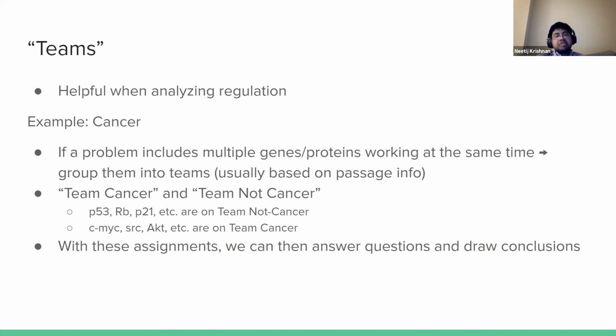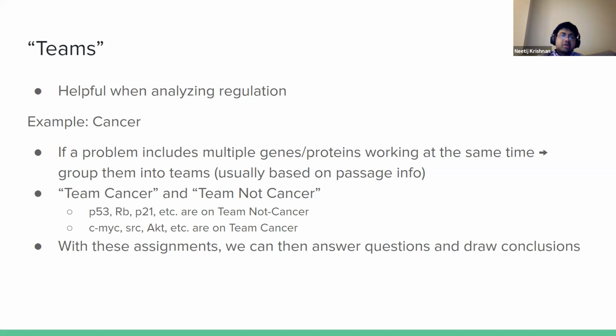For example, there was a passage that I saw describing a model of cancer, talking about all these proteins that are involved, and they were asking questions about what you'd expect if you inhibited or activated the proteins in a certain way. It's a lot of information to parse, especially if you're not familiar with the details of cancer biology, which most people aren't.